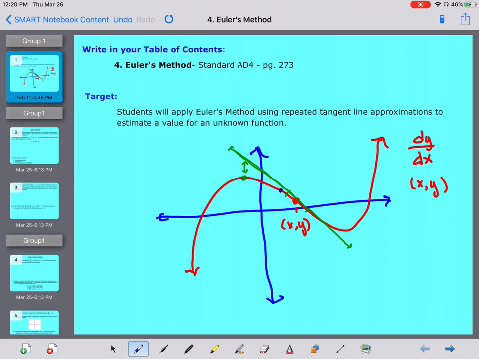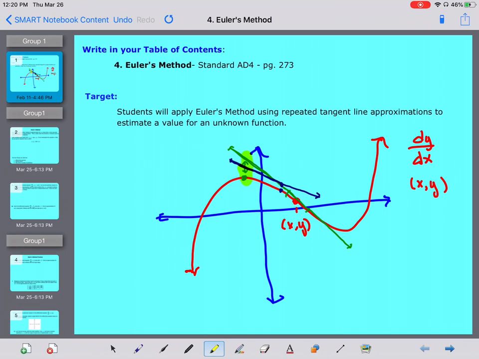But if we reevaluate and create another tangent line, because we know that equal slopes represent parallel lines, we'd have another tangent line that's going to be parallel to the actual tangent line for this function. And you can see that this distance is getting smaller.